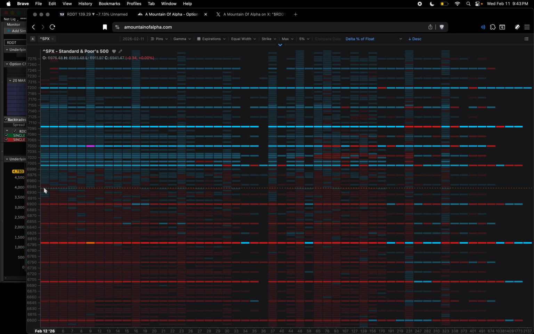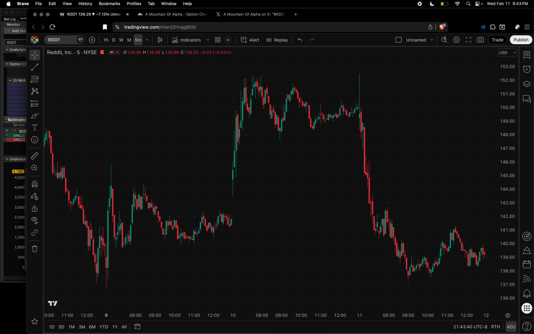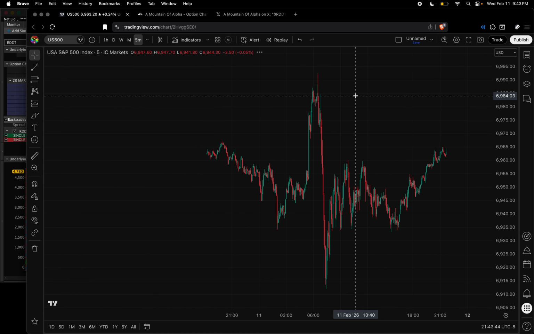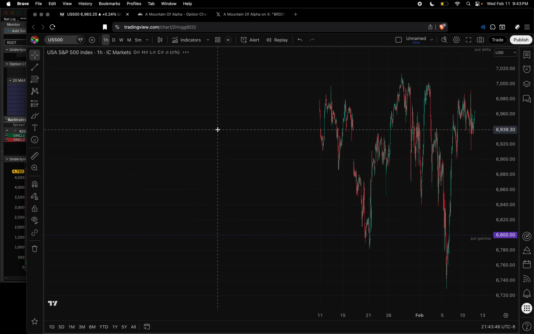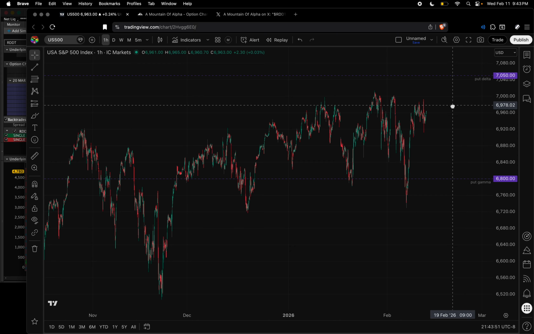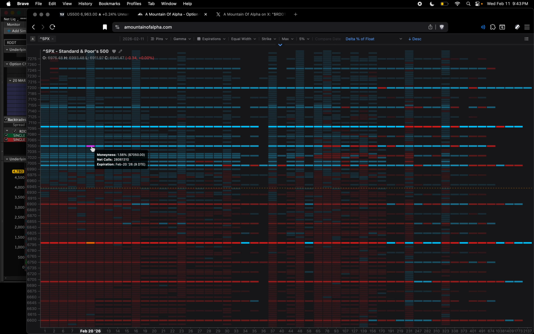You could see we're right in the middle of the calls that are sitting at 7050 and the puts that are sitting at 6,800. And so when I go to SPX, let's go here. When you go to SPX, you could see I put here, actually I don't think it's delta, is it gamma?